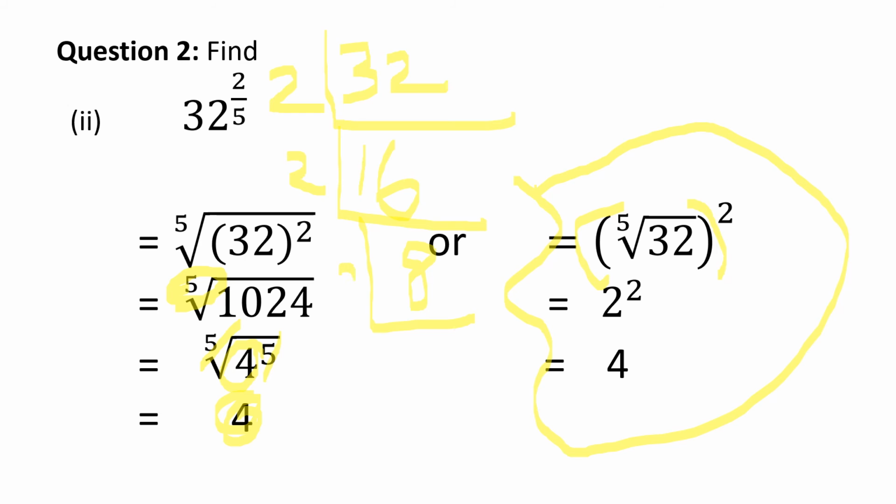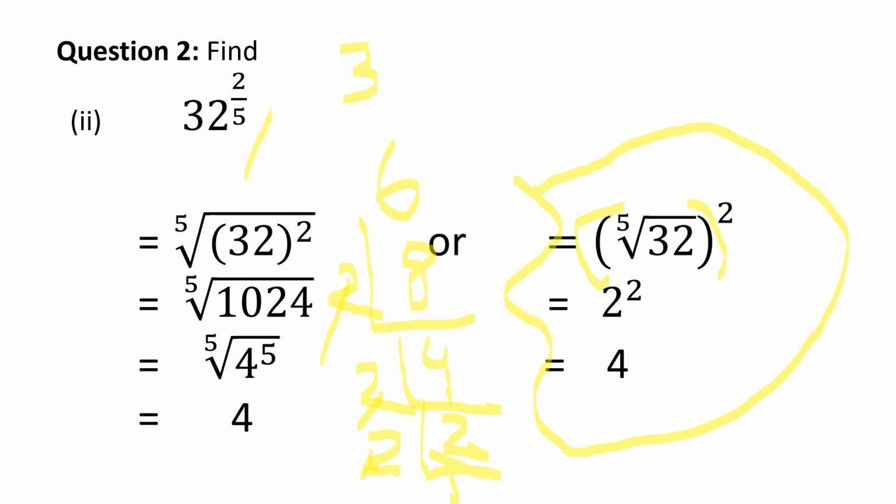Then 2 4s are 8. Then 2 2s are 4. And 2 1s are 2. So I stop there, right? Now I see 1, 2, 3, 4, 5. So 2 five times, right? Therefore I can write 32 as 2 raised to 5. So fifth root and 5 cancels, and what is left? 2 is left. So 2 raised to 2. So 2 raised to 2 is 4. So that is how I find this question, simplification, right?